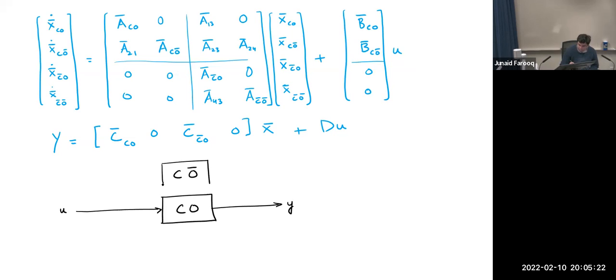So basically that takes the input, and in the feedback loop, there's a piece which is not controllable but observable, and there's a piece which is neither controllable nor observable.